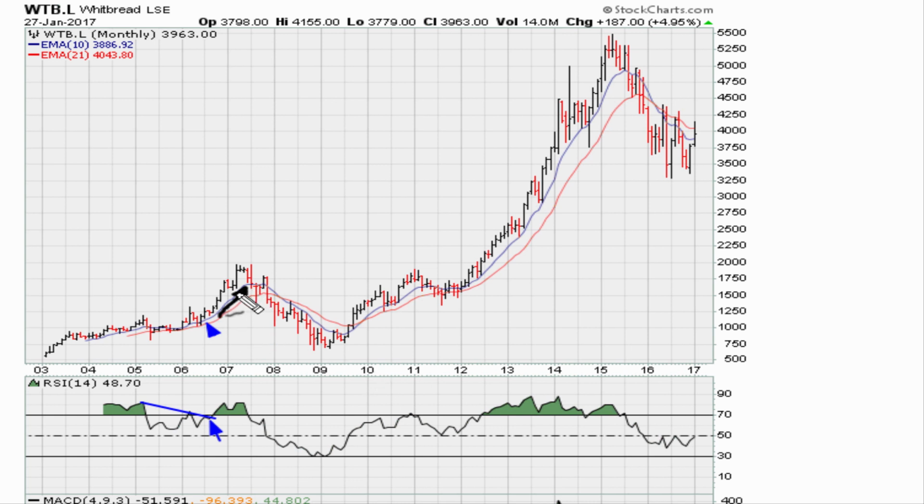Now if you extend the same line, you see it coincides with the break here off the highs in late 2007, and of course we go substantially lower. Extend the same line, and now remember this is an oversimplification.